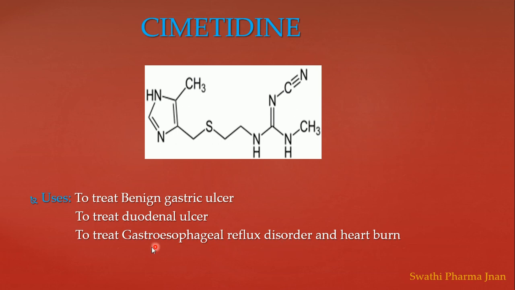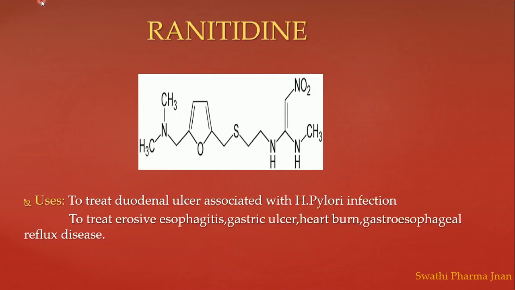Gastroesophageal reflux disorder is when the HCl released in the gastrointestinal system refluxes back to the esophagus and leads to a burning sensation. Along with heartburn, it also causes a burning sensation in the heart.